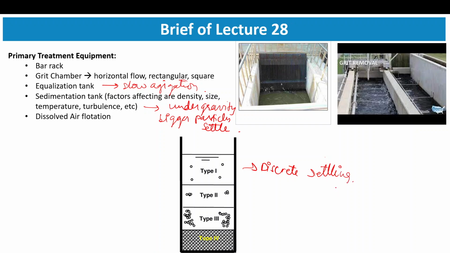Discrete settling means if the particles are separate and the concentration is low, then the terminal settling velocities are maintained throughout, and they will constantly settle at that particular settling velocity.